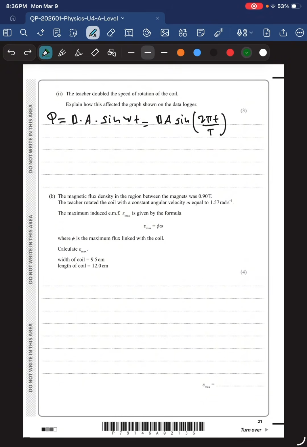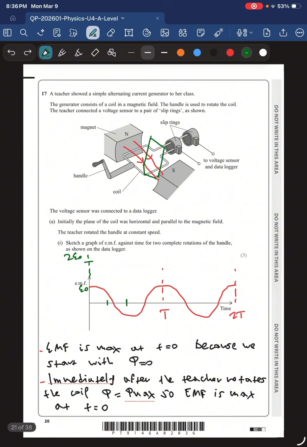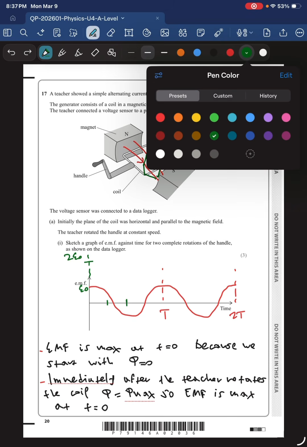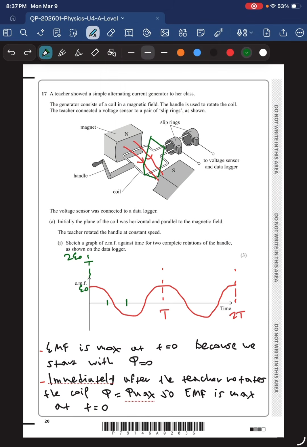Okay, let's move on. By the way, you're not required to draw it anyway. I just tried, and for some reason I failed. Okay, let's try again. I became stubborn now.